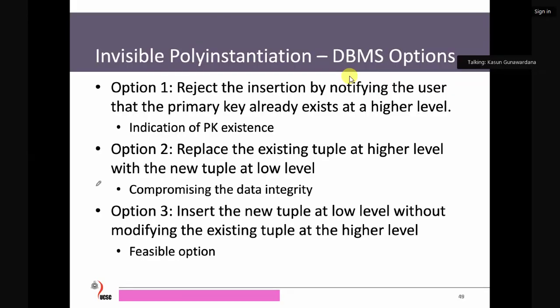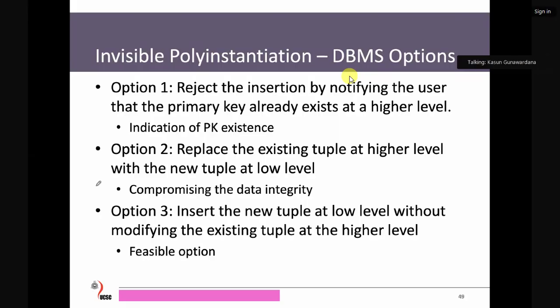If we reject it, it gives an indication of the primary key or the apparent key's existence, right? So that is not as good as we expect. Another option in this scenario is replacing the existing tuple at the higher level with the new tuple at the lower level. That compromises the data integrity, and that is also not a good option.